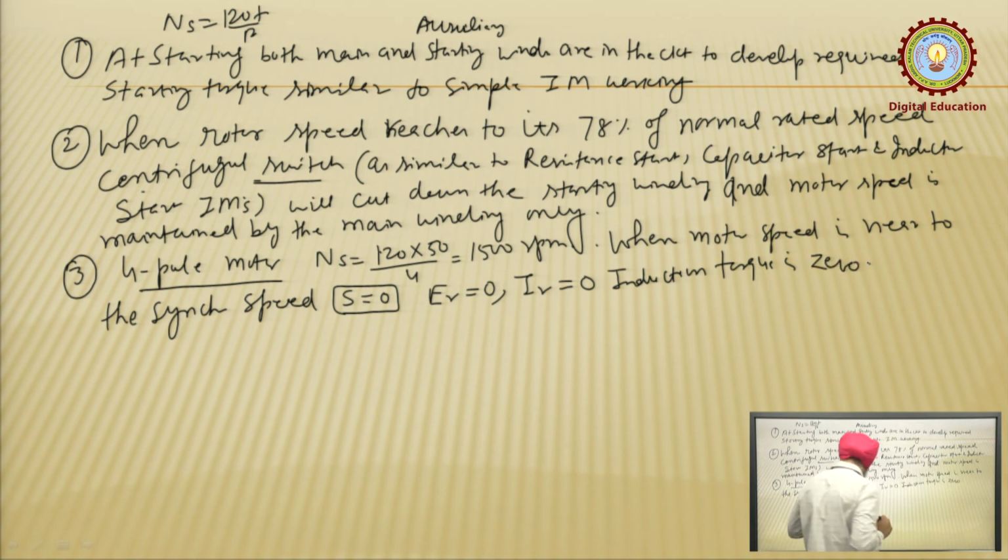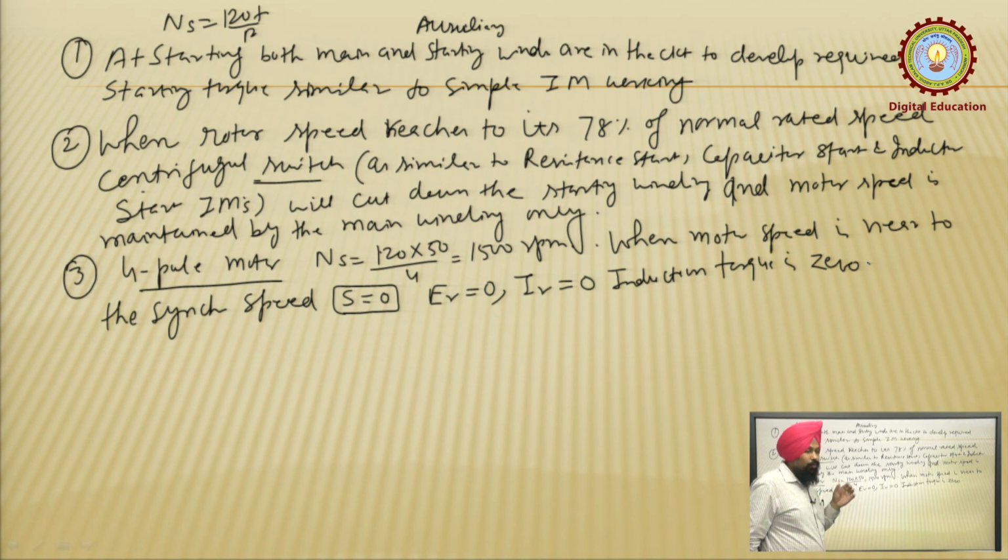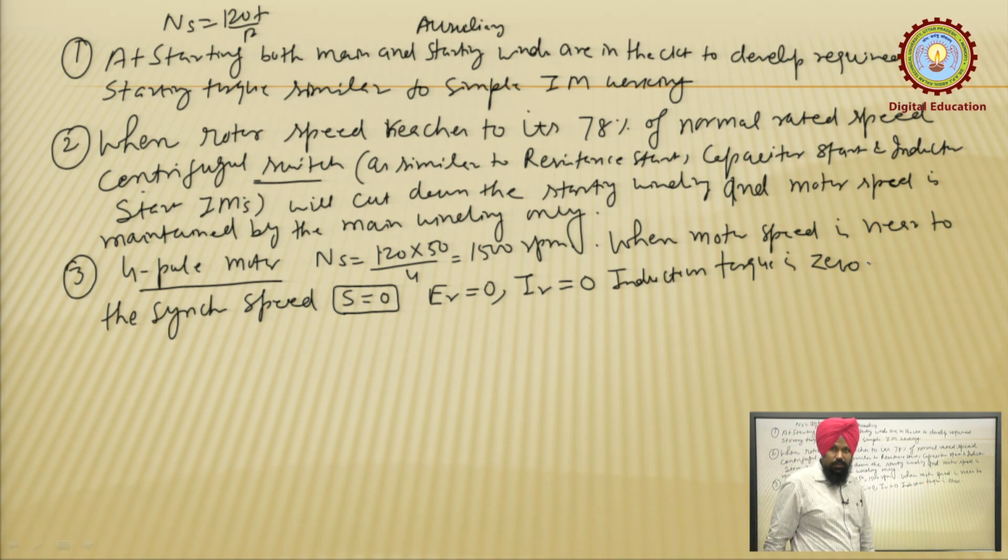All the things are 0 at synchronous speed. But what will happen now? When there is no current and no induction torque, how is this speed maintained?